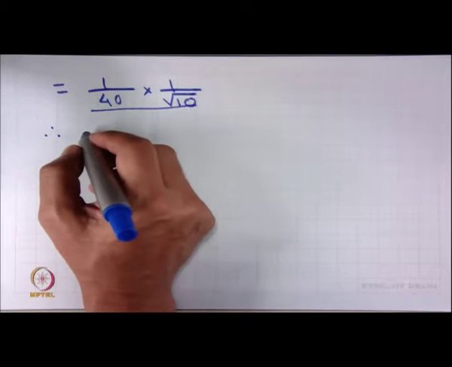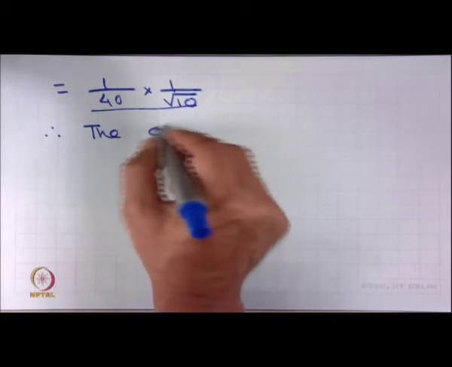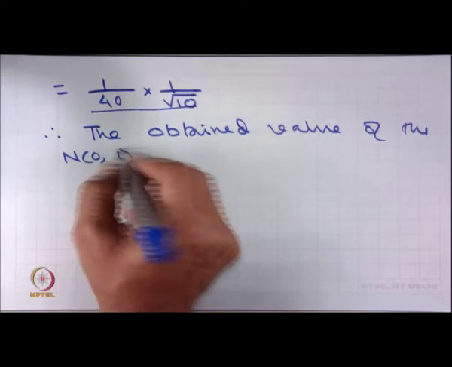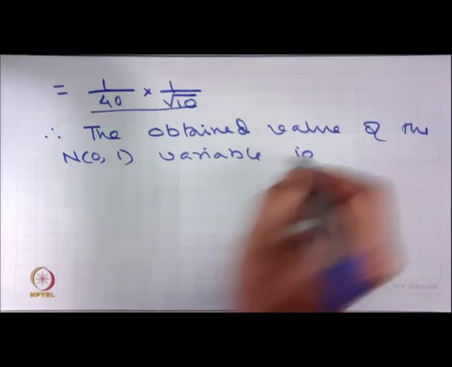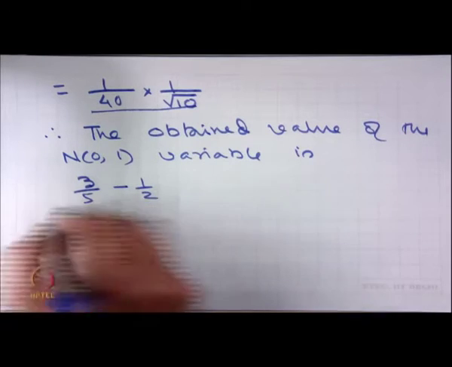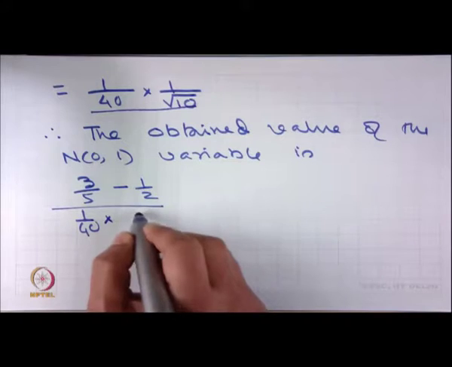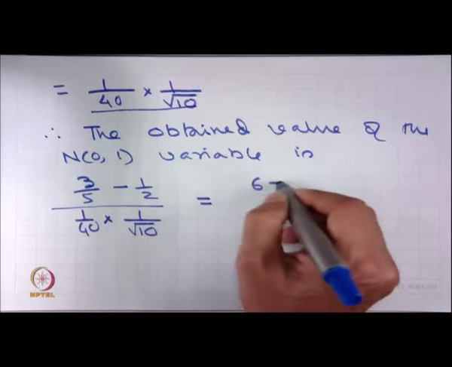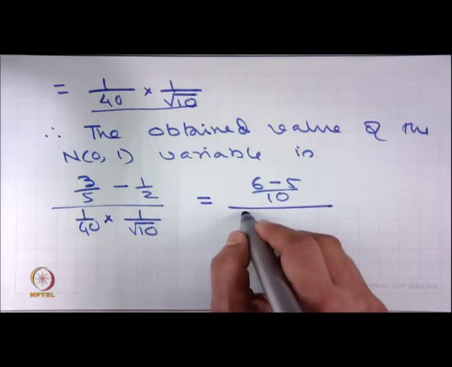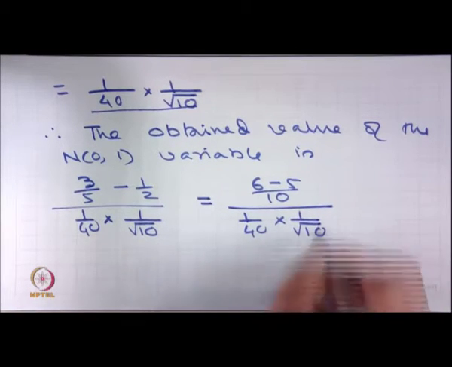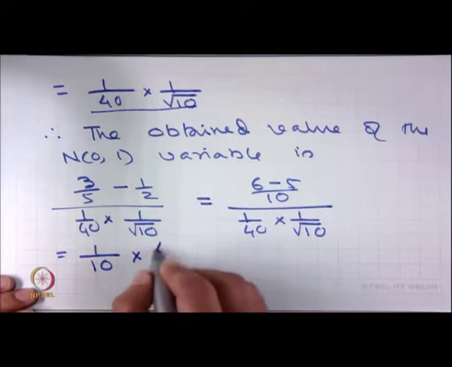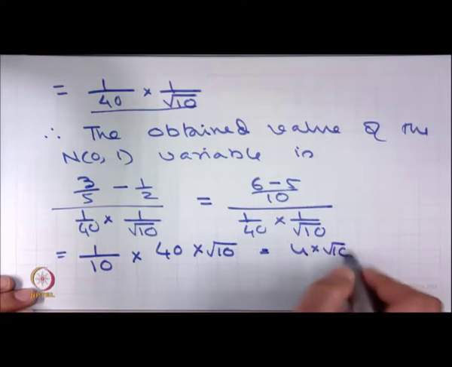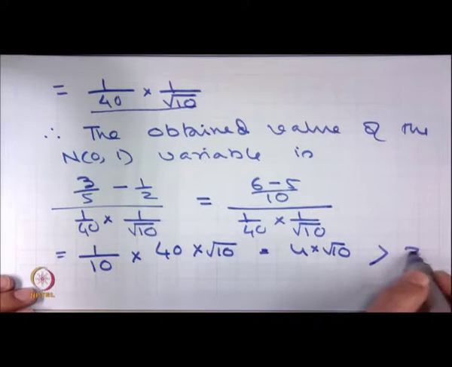Therefore, the obtained value of the normal 0 1 variable is 3 by 5 minus half upon 1 by 40 into 1 by root 10, which is 6 minus 5 upon 10 divided by 1 upon 40 into 1 upon root 10, which is equal to 1 upon 10 into 40 into root 10, which is equal to 4 into root 10, and which is much greater than 3.